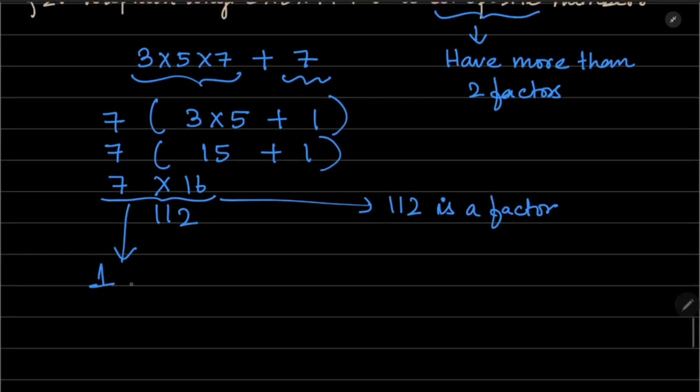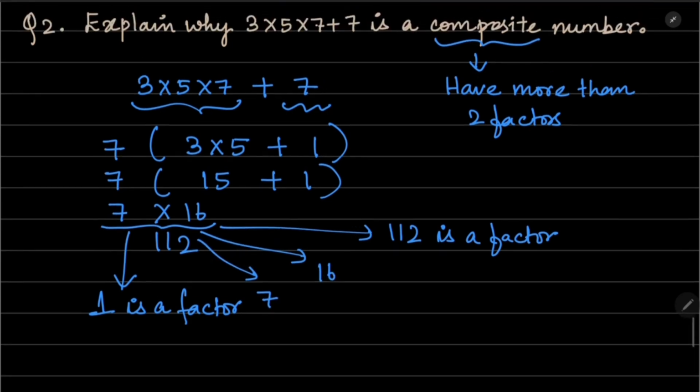1 is a factor by default, right? Because 1 can divide all the other numbers. And then here you can see 2 more factors, which is 7 and 16. So for the given expression, you can see 1 is a factor, 7, 16, and the product, which is 112.